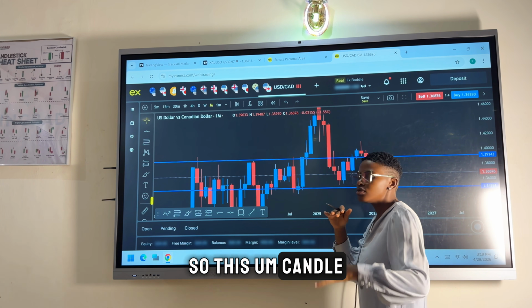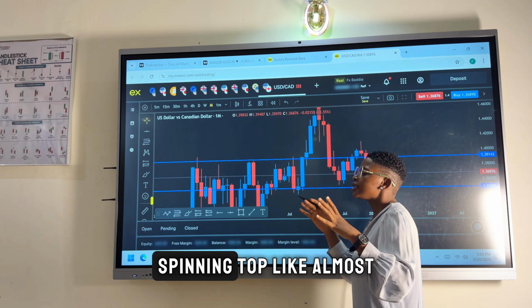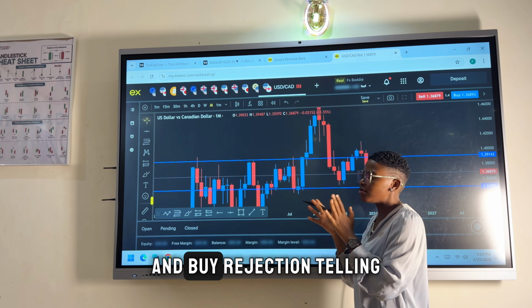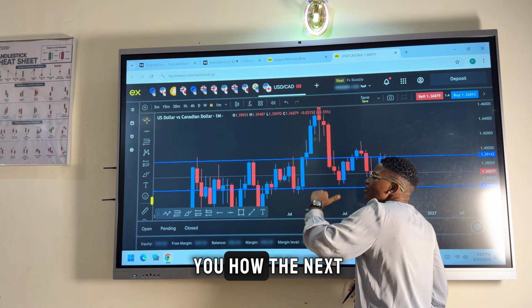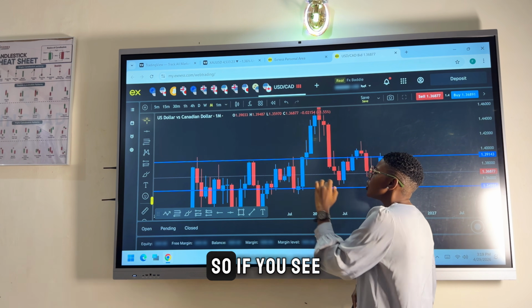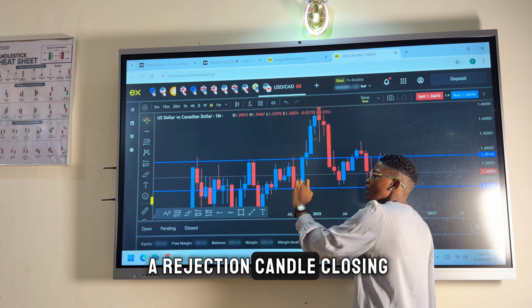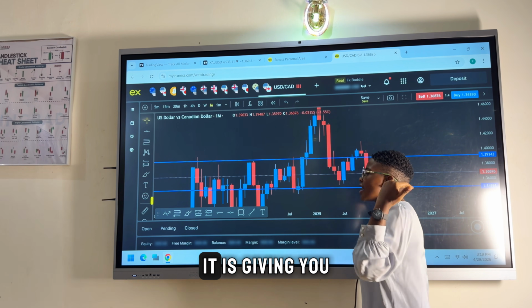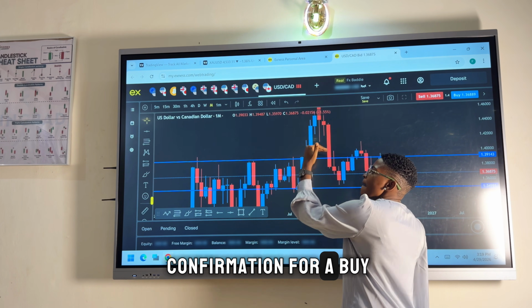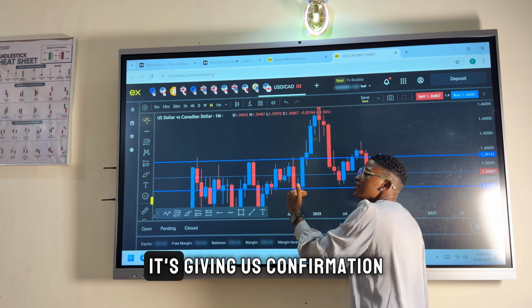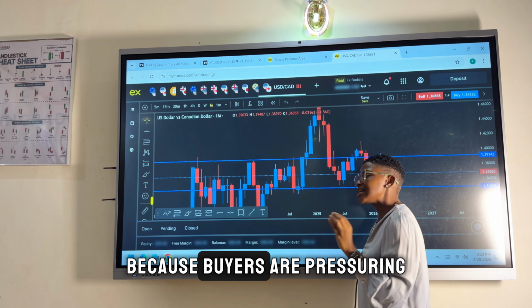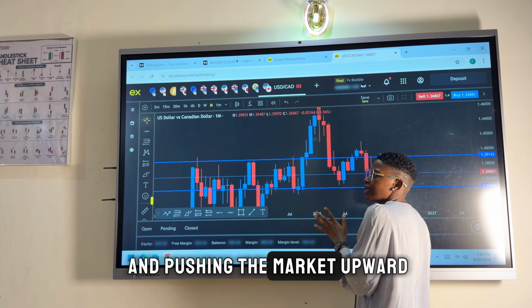This candle looks like a spinning top, almost an equal sell and buy rejection, telling you how the next candle might form. So if you see a rejection candle closing above a support level, it is giving you confirmation for a buy, because buyers are pressuring and pushing the market upwards.